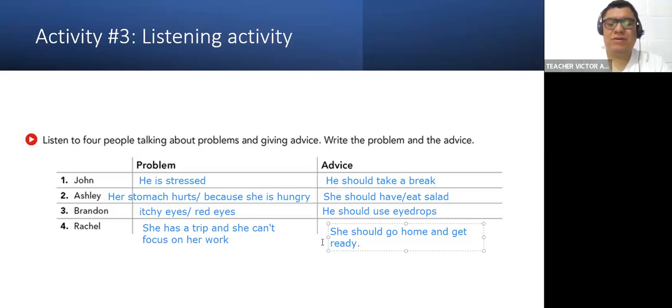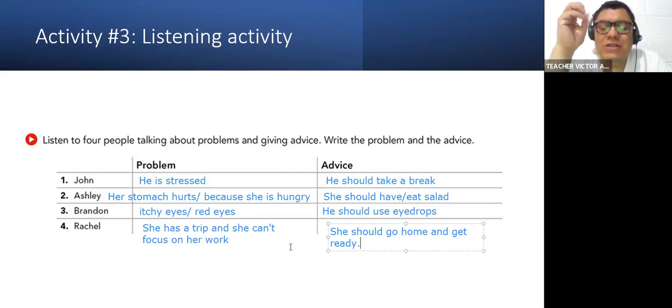So that was a recommendation. It's like, I'm thinking about my trip for tomorrow. It's difficult to work like this. So, like the other person, I assumed that it was maybe her boss or her supervisor or whatever. He said, it's 3 already. You should go home and get ready, right? Nice boss. Really nice boss.